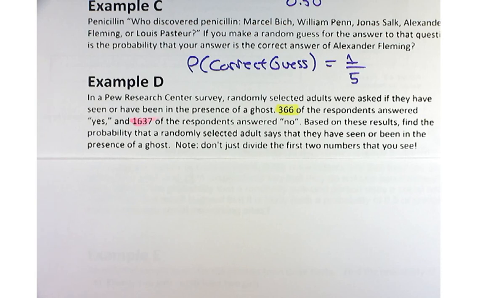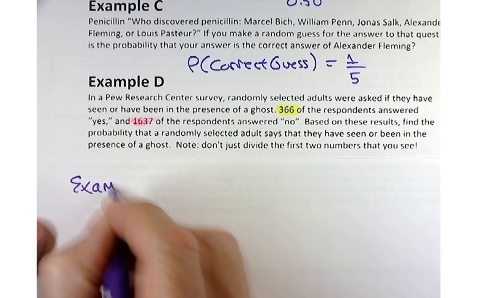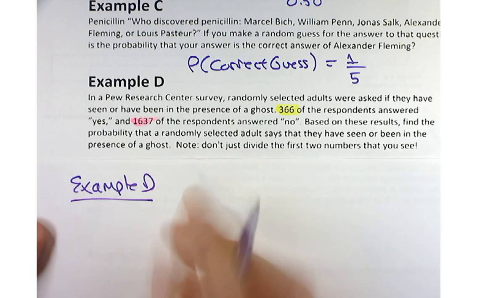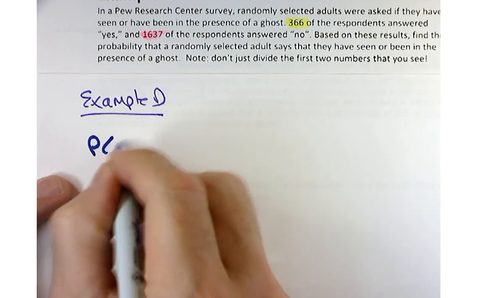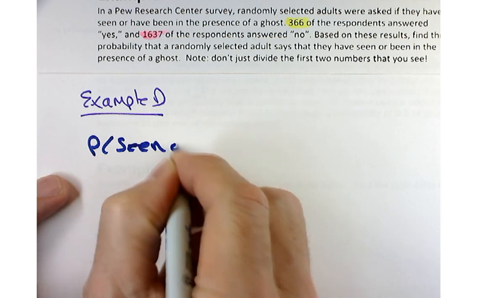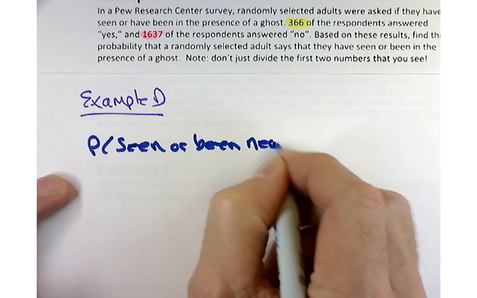So, okay. So this is example D. At least the first part. So I want to find the probability of seen or been near a ghost.